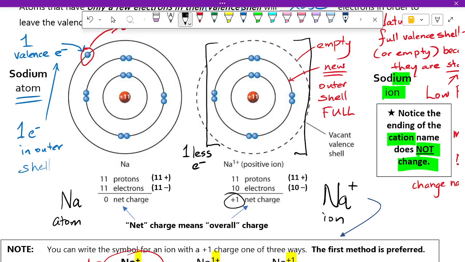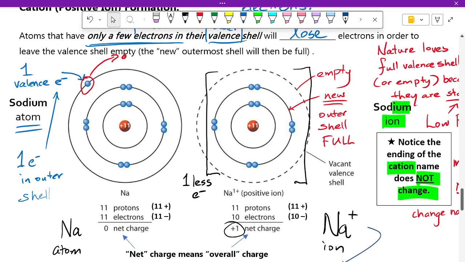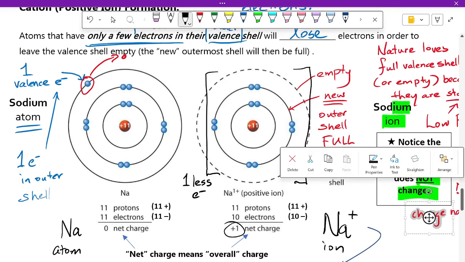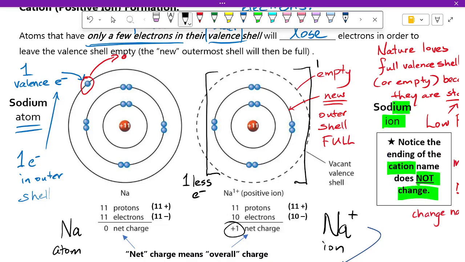There's our square brackets. Doesn't make it look pretty, but normally we won't have writing on it. And the charge goes where? Does it go inside the brackets or outside the brackets? Outside, yes. Excellent. Okay.